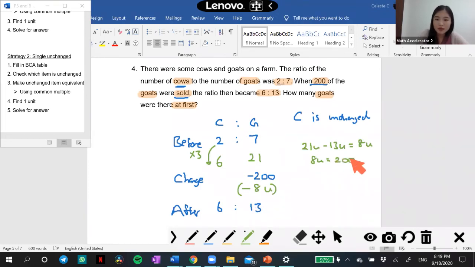Right, so without my help, can you find 1 unit and find how many goats were there at first? Okay, goats at first. Remember to look at the equivalent ratio. Right, so select your answer in the poll. Okay, I want the final answer.